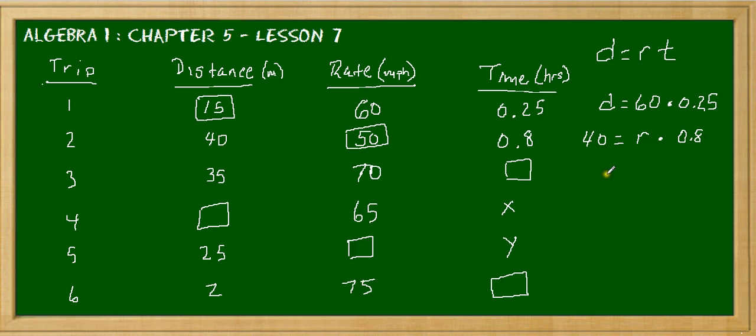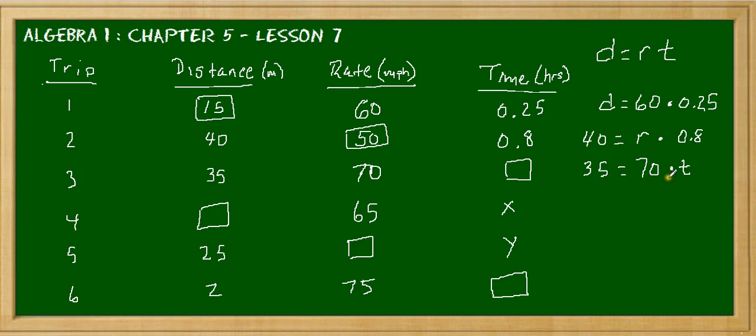We now have a distance of 35. And that's equal to the rate, 70, times the time, or 70t. We don't really need the dot, but in this case we just put it there to be consistent, but we can write 70t. Well, what would we do here to determine what the actual time is? We would divide each side.